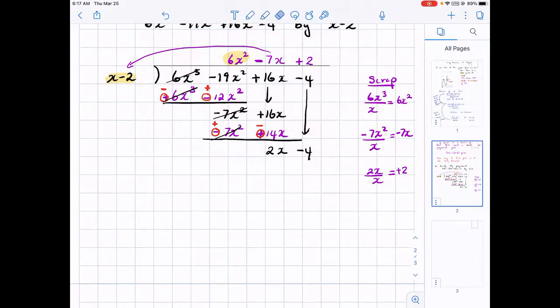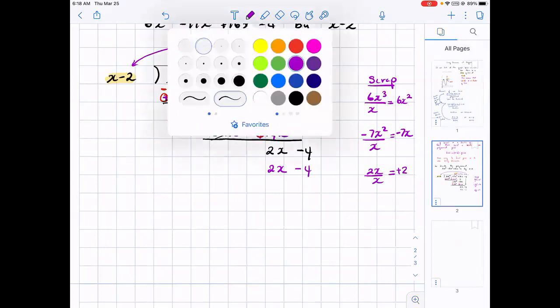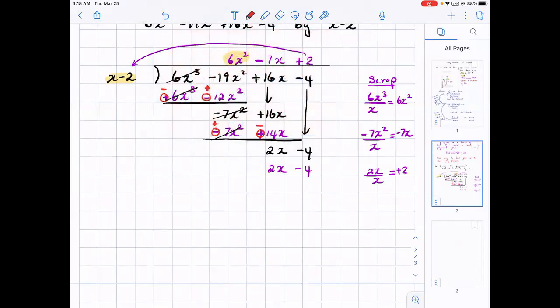And then what we're going to do, we distribute. So we distribute the positive 2 to everything here. And if I do that, positive 2 times x becomes positive 2x. And positive 2 times negative 2 becomes negative 4. And don't forget, the sign has to be changed.